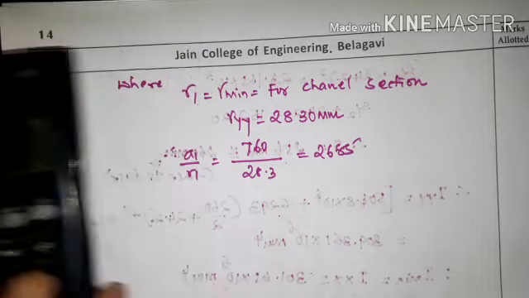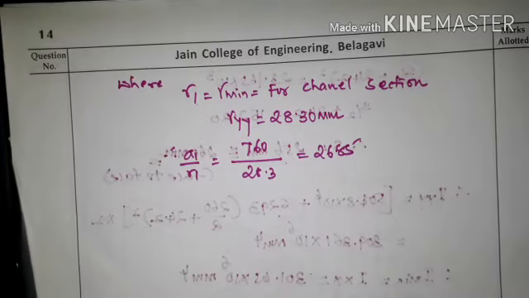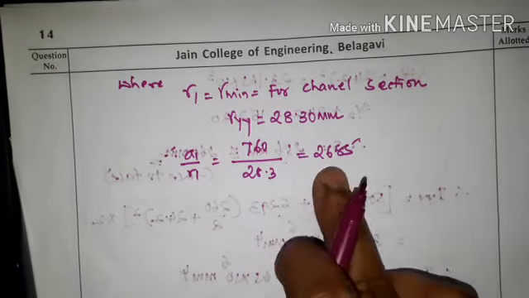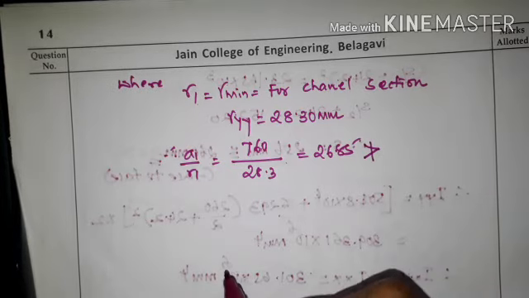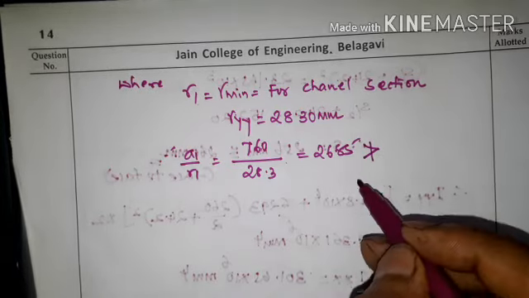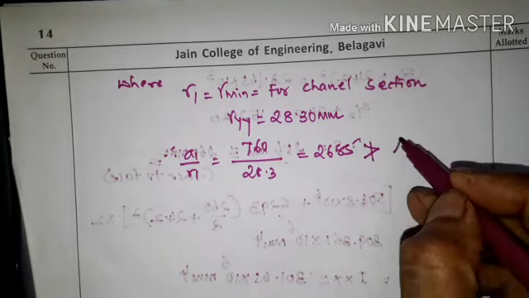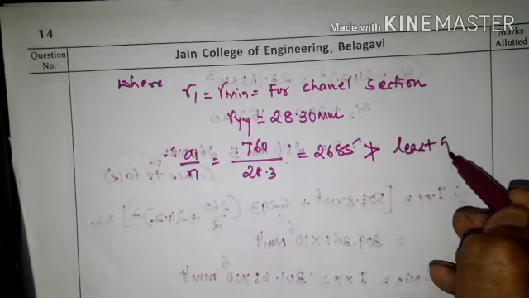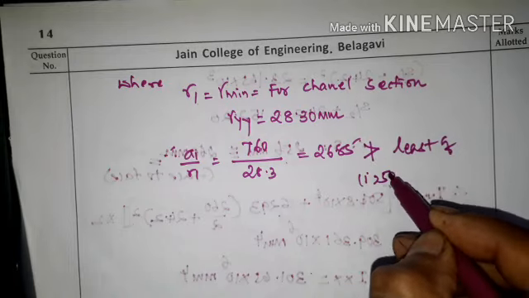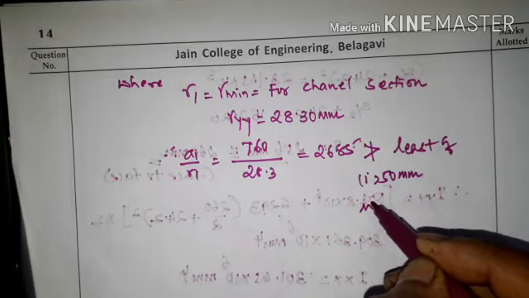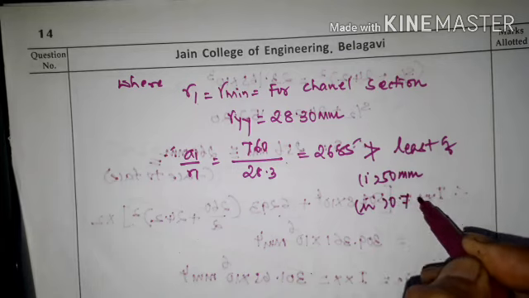So I'll check: 760 divided by 28.3, so we'll get it as 26.85, which should not be more than the least of the following, that is, first is 50 mm, second one is 0.7 times the lambda actual.